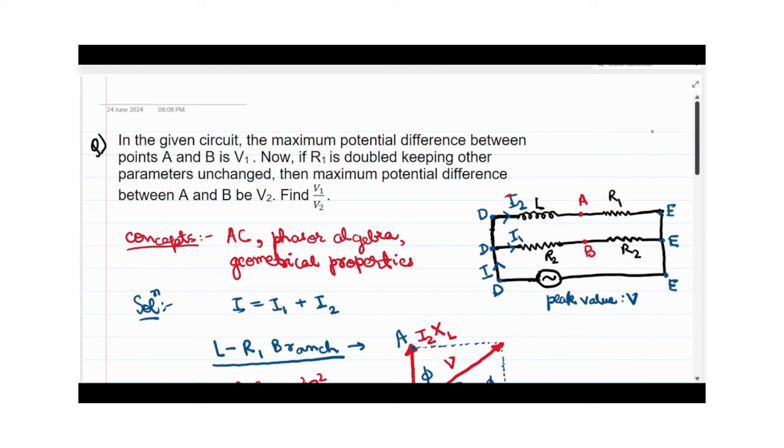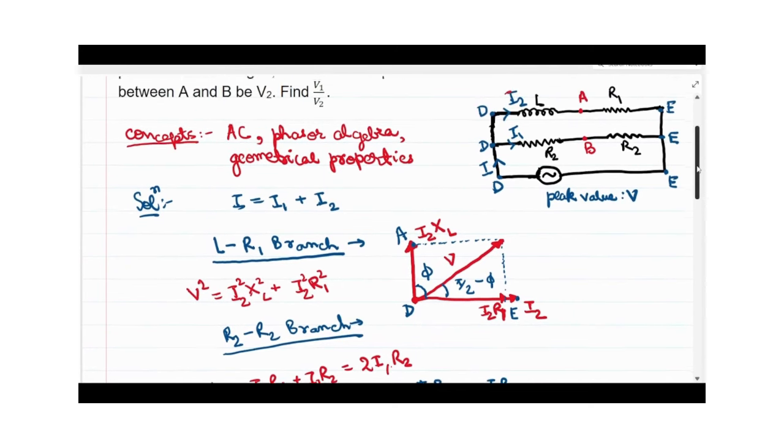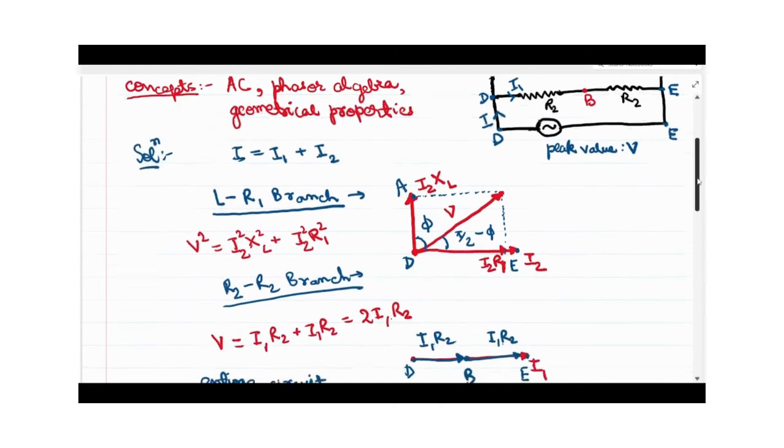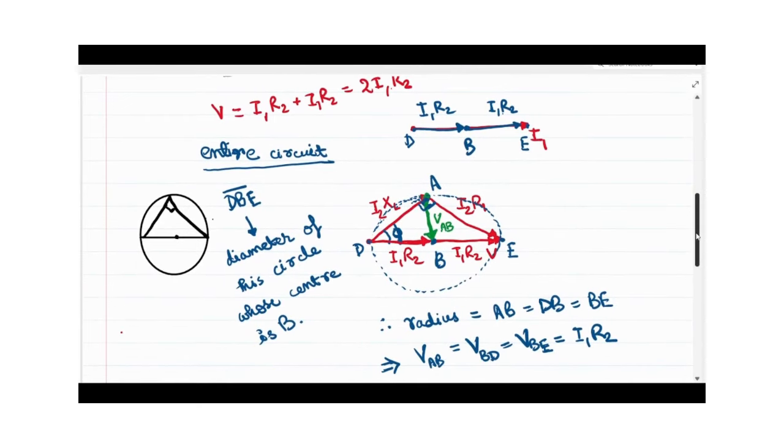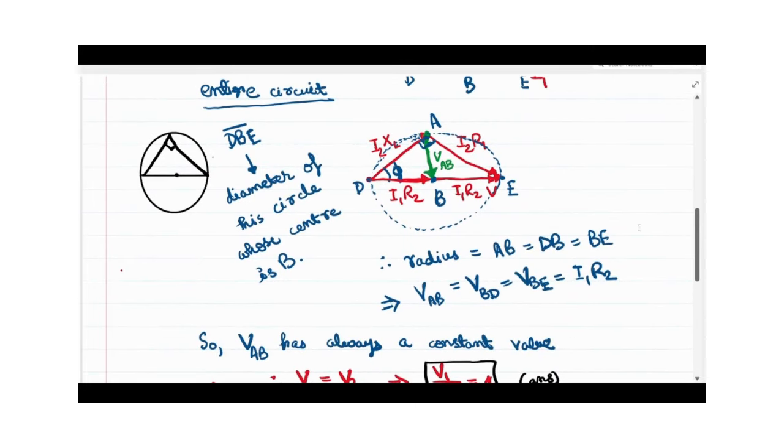The question said in the given circuit, the maximum potential difference between the points A and B and C is V1. Now if we change the value of R1 to 2R1, the potential difference between A and B will be V2. Then find the ratio between V1 and V2. While doing that, we drew the phasor diagrams by taking each branch, first the LR1 branch, then the R2 branch, and concluded the entire phasor diagram for the circuit, which showed us that the entire triangle formed will lie on a circle.